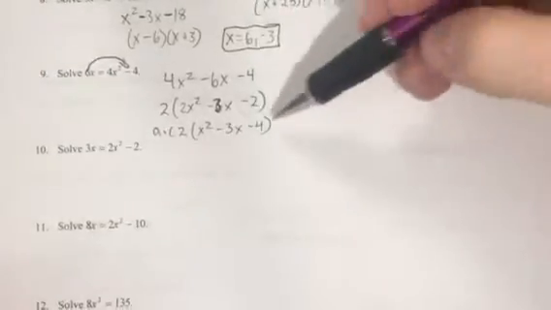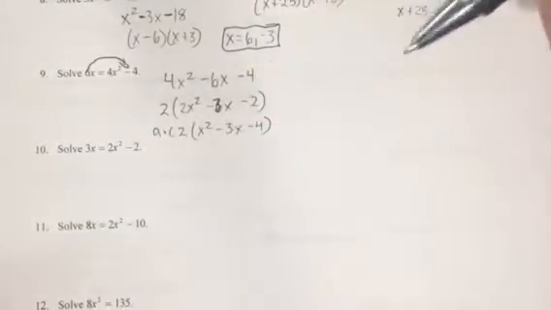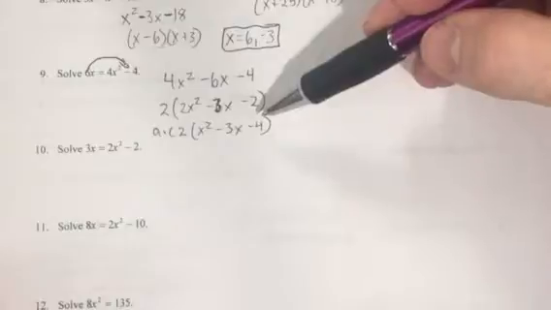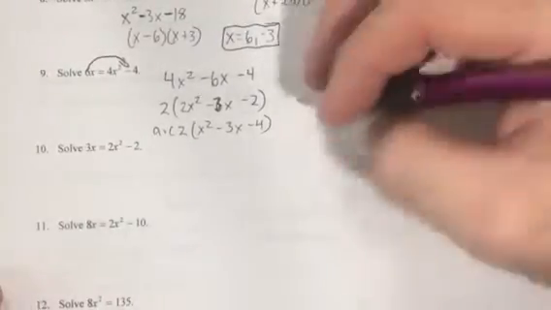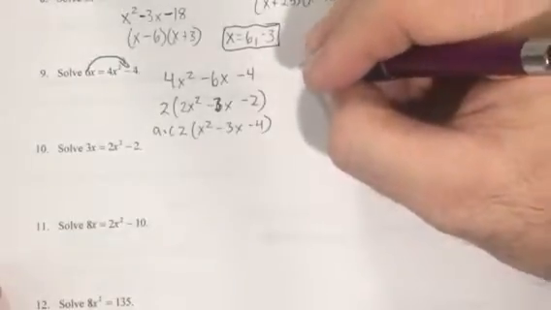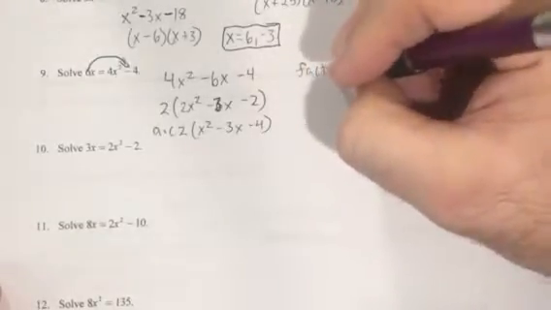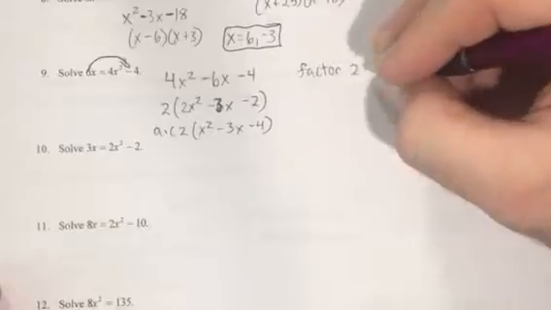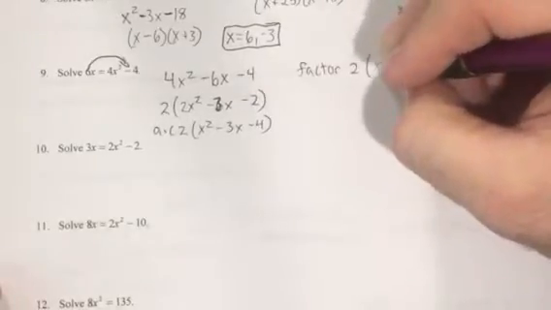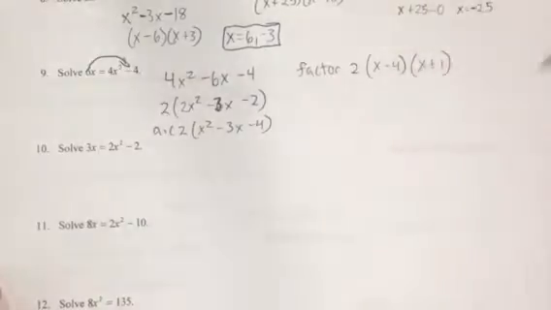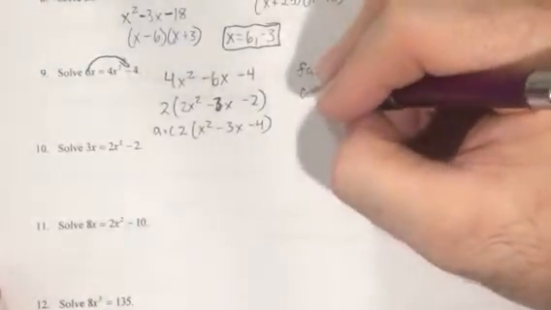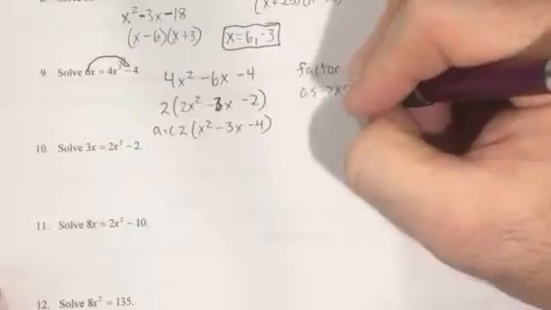What are my factors? If I multiply, I get a negative 4. If I combine, I get a negative 3. What are my factors? 1 and 4. So then I factor as usual. So now I have x minus 4, x plus 1. Now I have to put my a's back in front of my x's.